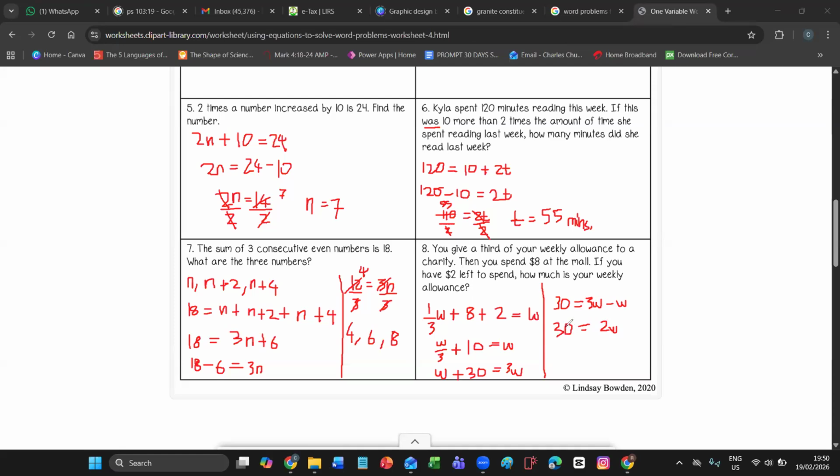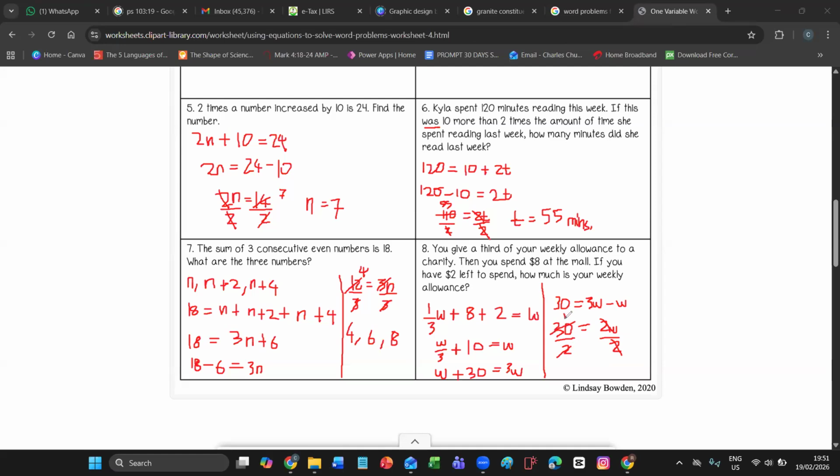So what are we going to do to both sides now? Divide by 2. Exactly. We divide by 2, and 2 takes out 2, and 2 takes out 30 to leave us with 15.